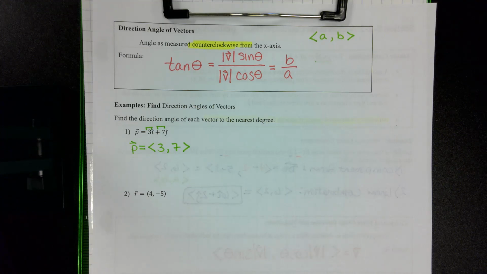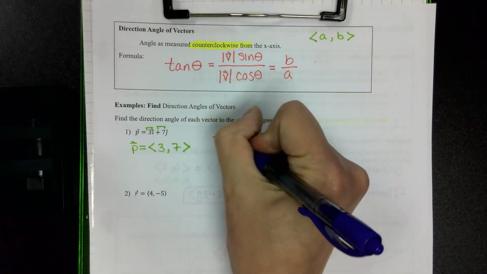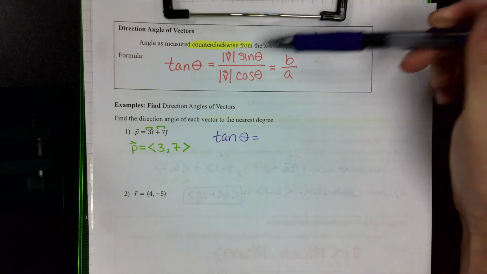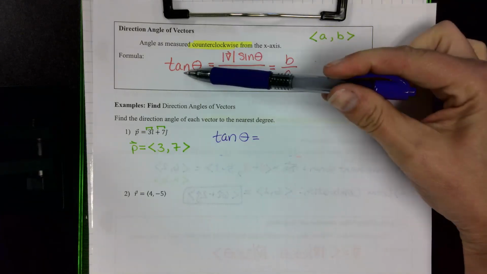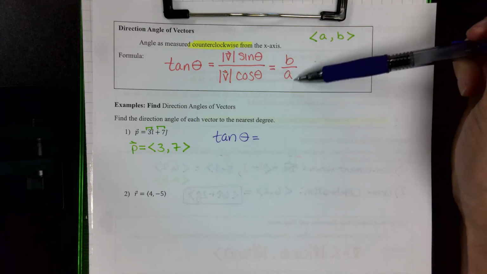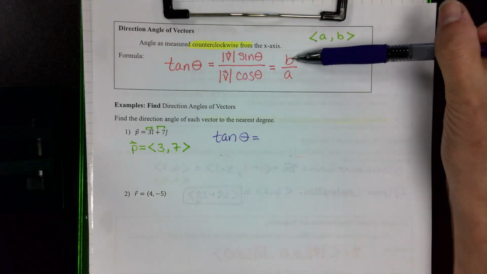So the direction angle, tangent theta, is equal to, I wrote this out, but because tangent is sine over cosine, my conclusion was here, so really I just need this part. Tangent theta is equal to b over a.